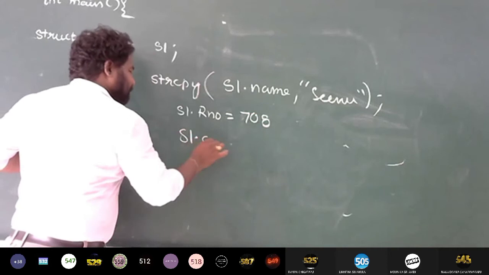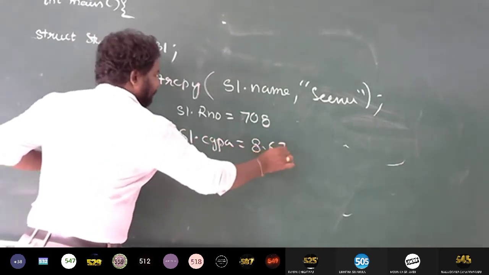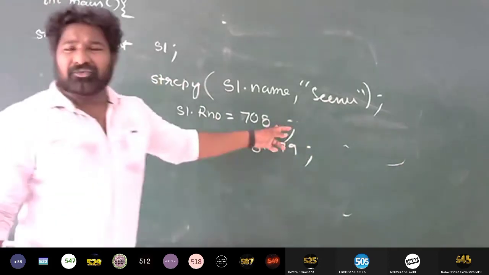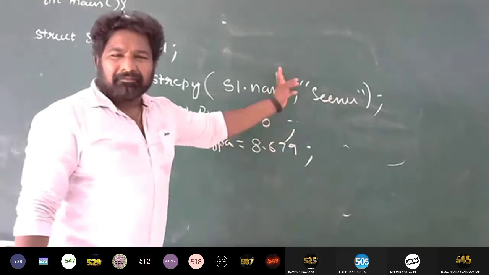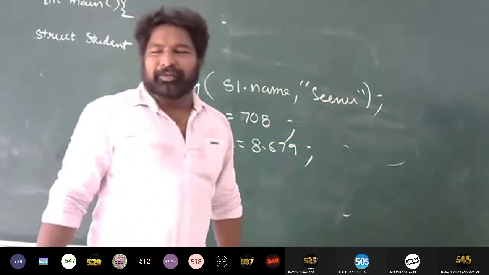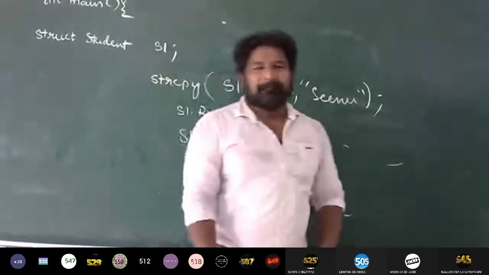S1 dot CGPA is 8.679, something like that. Since these two are values, you can use equal to. This is a string, you can't assign it with the equal to operator. You have to use the string copy function for that, right?